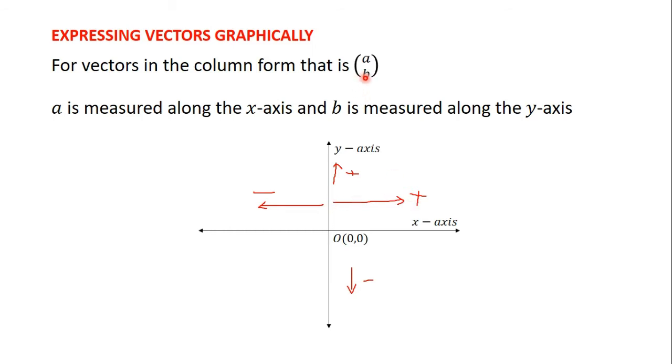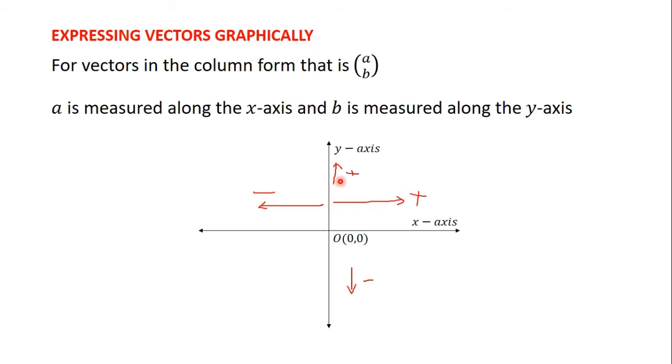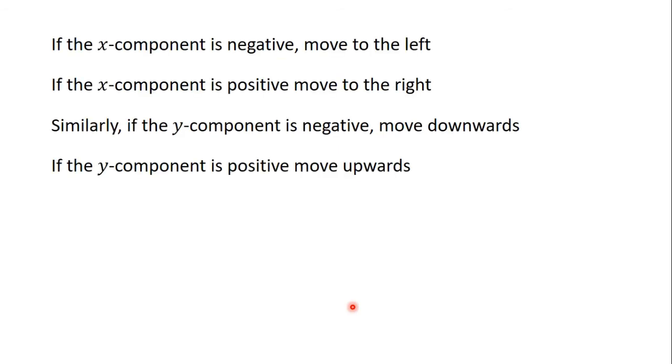In the same way, if the y component B is positive, move upwards. If B is negative, move downwards. These sign conventions are very important. We are going to use them a lot when we are representing column vectors on diagrams. So this is how to represent a column vector on a diagram.